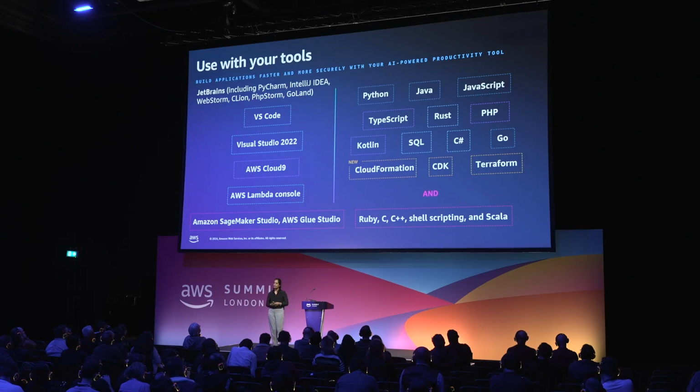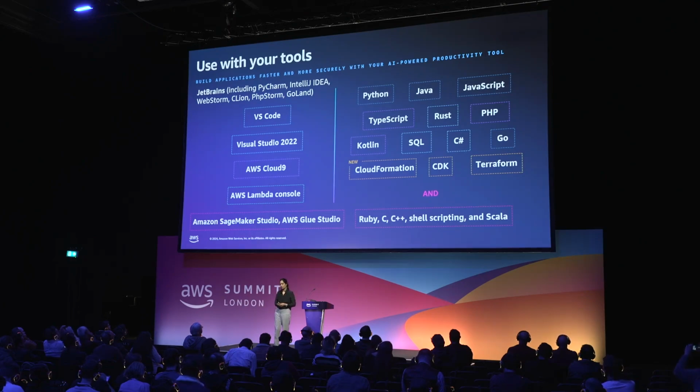It supports 15 programming languages, and it also supports infrastructure as code, including CDK, CloudFormation, and Terraform. It supports IDE style completions for more than 500 plus CLIs today, including the most used ones like Docker, Git, NPM, and many more.